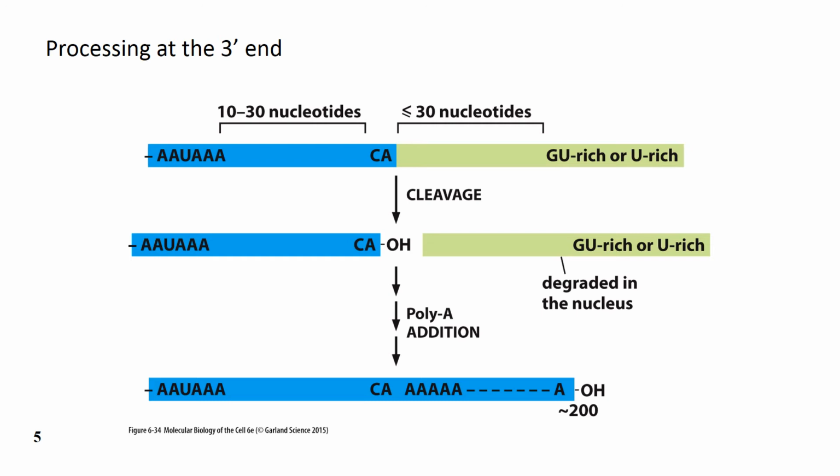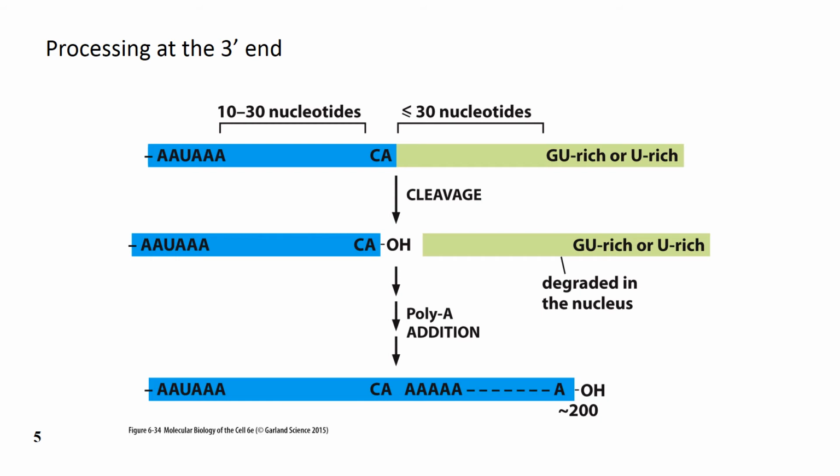While we focus upon the polyadenylation, prior to polyadenylation, a cleavage step has to occur. Cleavage will occur approximately 10 to 30 nucleotides following a specific AAUAAA sequence in the mRNA.